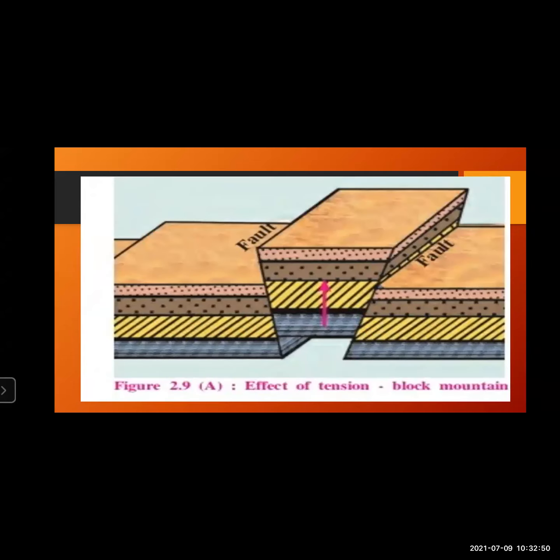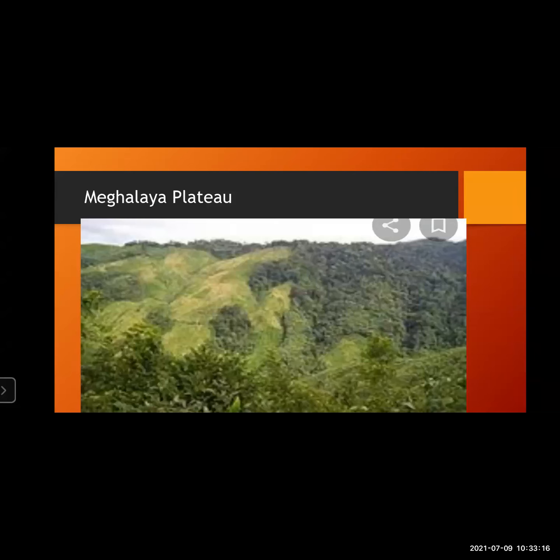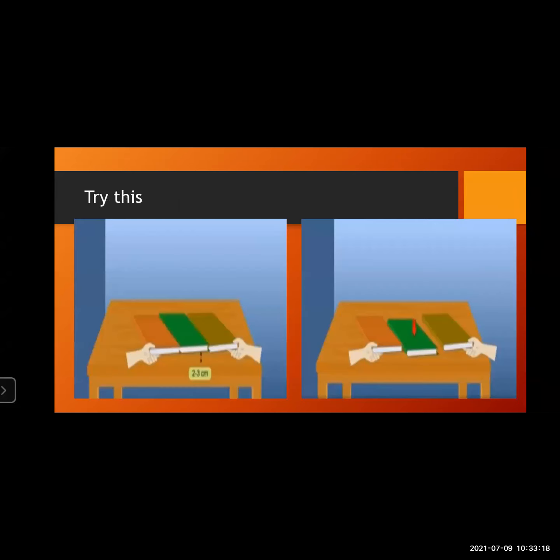The same thing is related with this effect and how block mountains are created when these layers are moving away from each other in the horizontal direction. Then the middle part of the layer just lifts up, and this gives rise to a block mountain. The example of a block mountain is the Meghalaya Plateau.